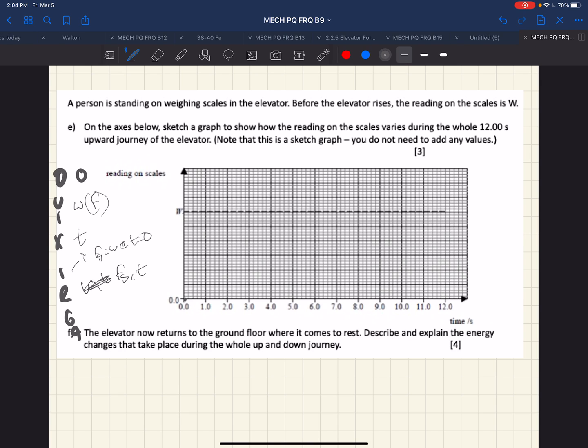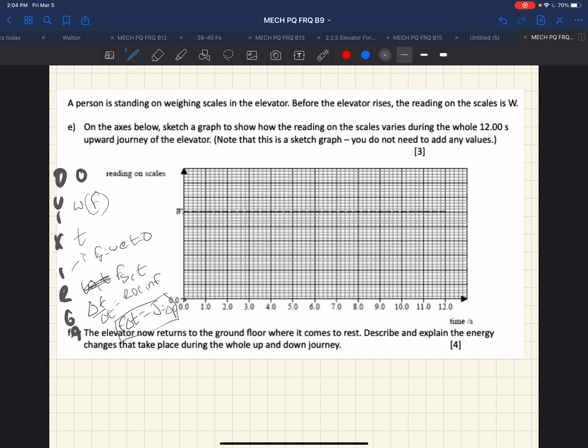The slope is delta F over delta T. So that's the rate of change in force. And then we have the area, which is force times change in time, which is the impulse, which happens to be equal to the change in momentum.